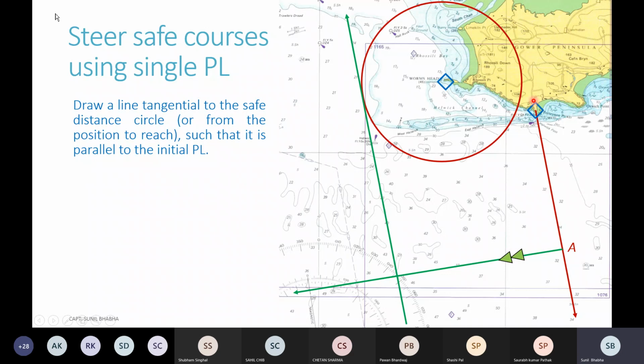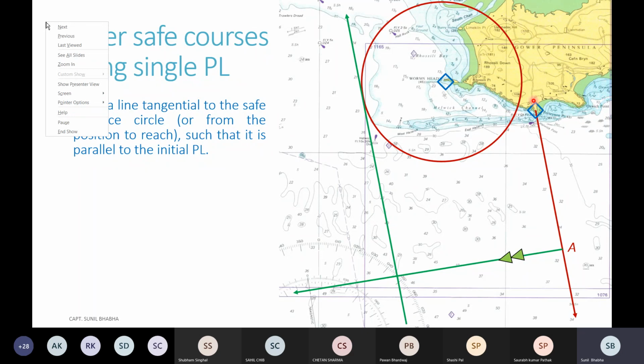Now, in case they give you a certain destination position which you have to reach, then there will be no safe distance circle. So the parallel line should be drawn in such a way that it passes through your destination position.